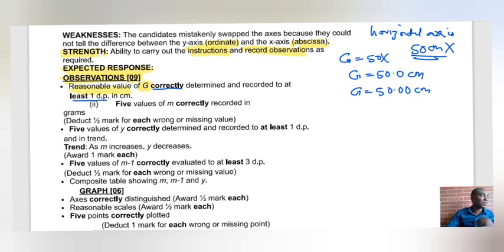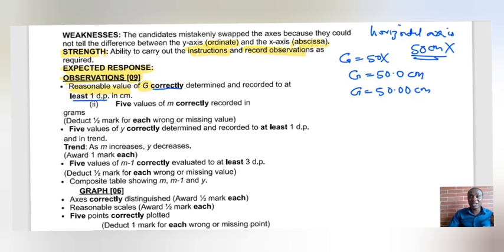The reason why you have to record to at least 1 decimal place is because when taking direct readings from a measuring instrument, you must record to at least one decimal place. So it's very important that you know that. The direct measuring instrument could be a meter rule, or could even be an analog stopwatch.